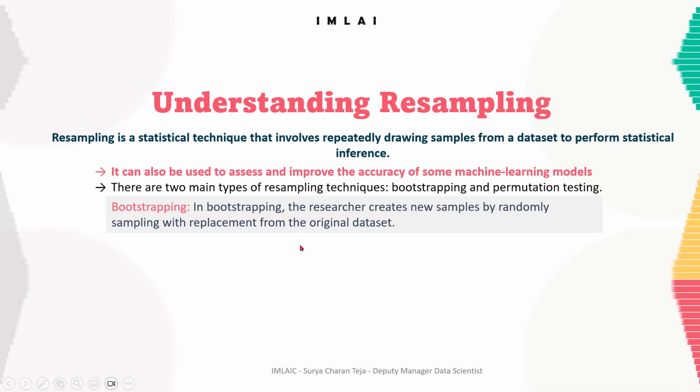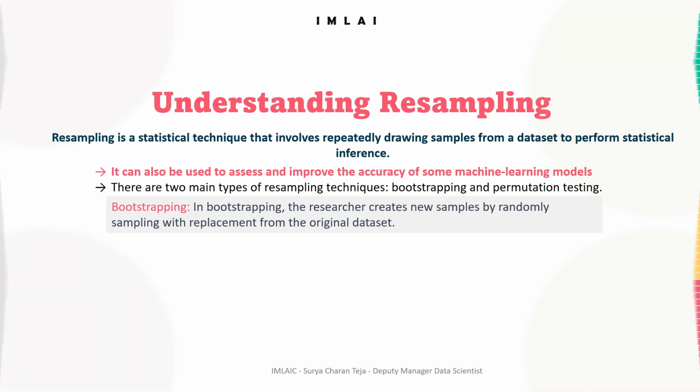In bootstrapping, the researcher creates new samples by randomly sampling with replacement from the original data set. That's what we call bootstrapping. Note this point: with replacement, from the original data set.